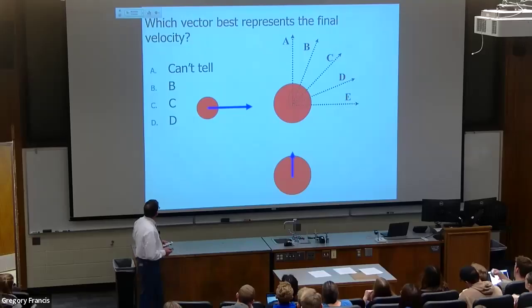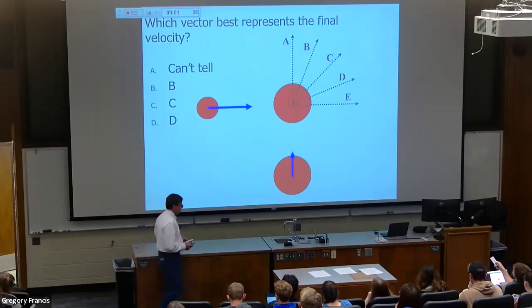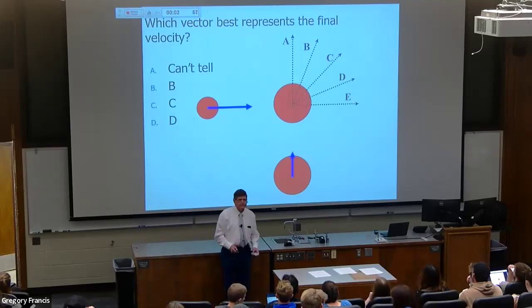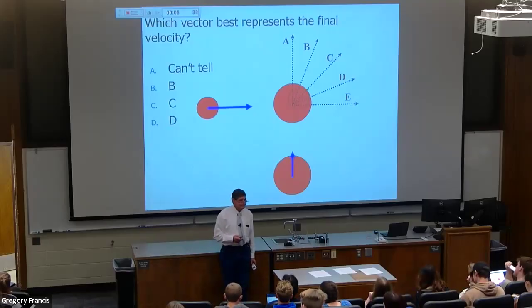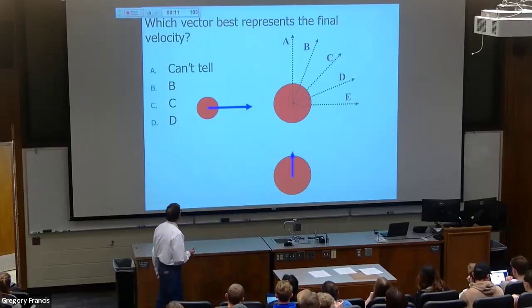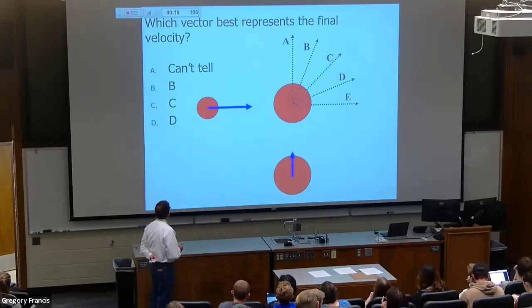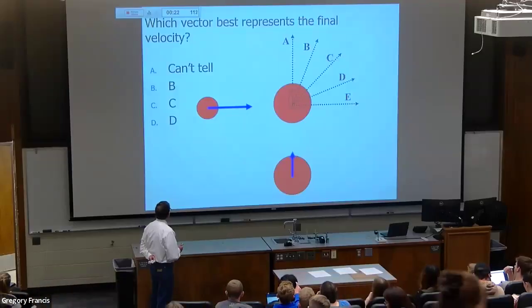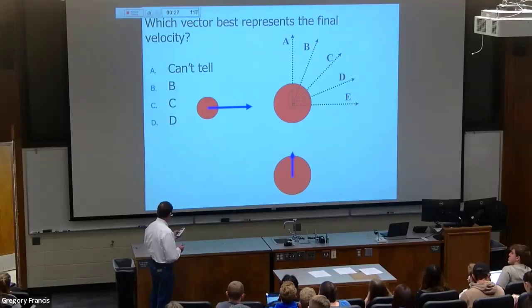My question is, which of those directions, B, C, or D, or can't tell, is going to be the correct final velocity? Okay, last call, get it in.